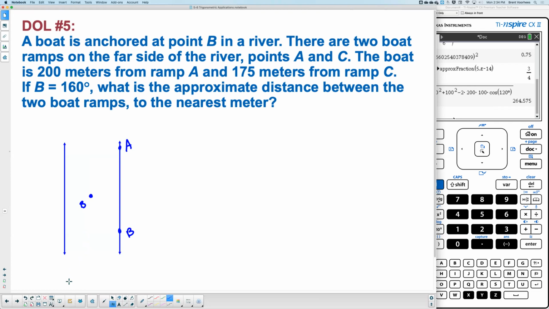It says, what's the approximate distance between the 2 boat ramps? So that'd be the distance between B and C. So I'll let you label and solve from there. But I'll give you that to help you out. Oh, whoops, boat ramps A and C. Good call. There you go. I'll let you solve that.